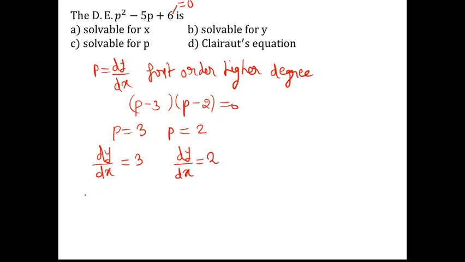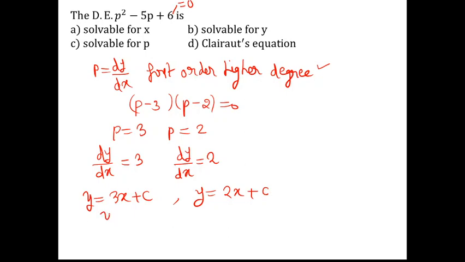On integrating, we get y equal to 3x plus c, and y equal to 2x plus c. While explaining first order first degree differential equations, I told you that the arbitrary constant must be 1. Why? Because the order of the differential equation is 1, so there must be only one arbitrary constant. That's why everywhere we write c.